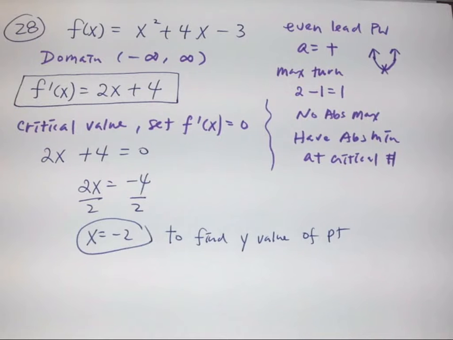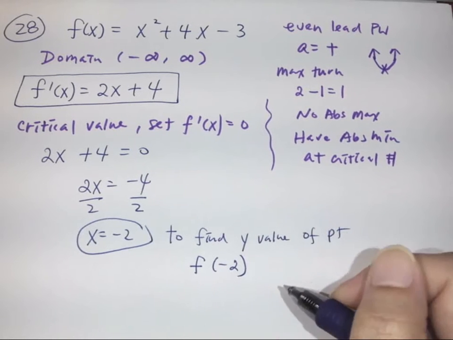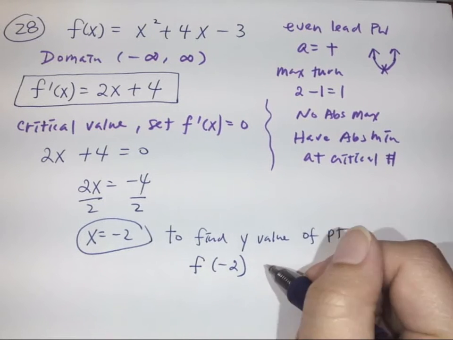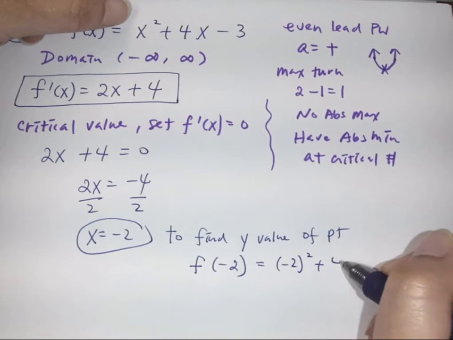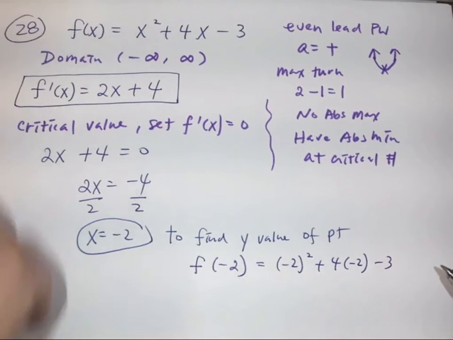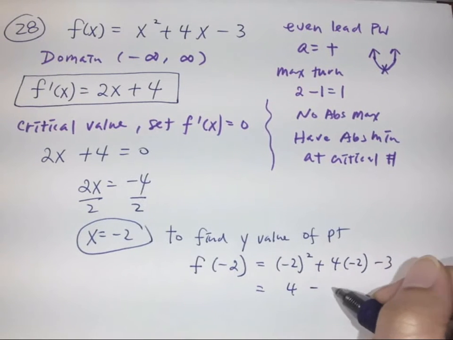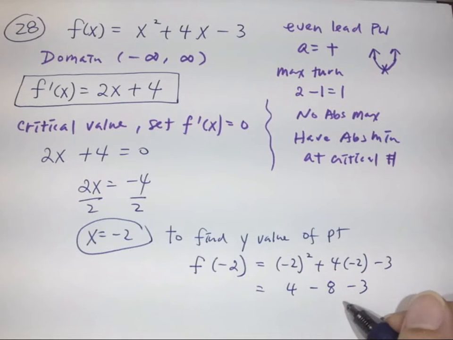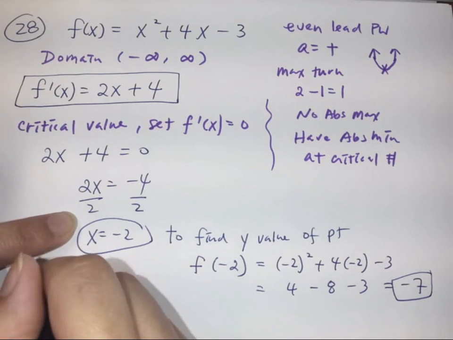That's usually a common mistake for students. We should plug it back into the original function. From negative 2, that would be negative 2 squared plus 4 times negative 2 minus 3. So that would be 4 minus 8 minus 3, negative 4 minus 3 is negative 7. So my critical point is (-2, -7), right?